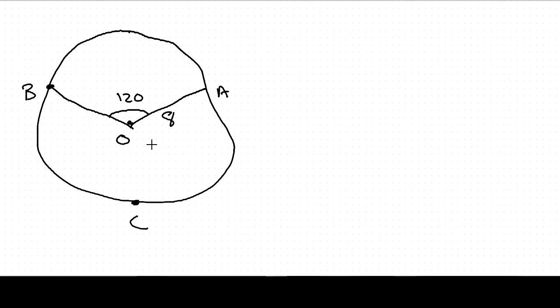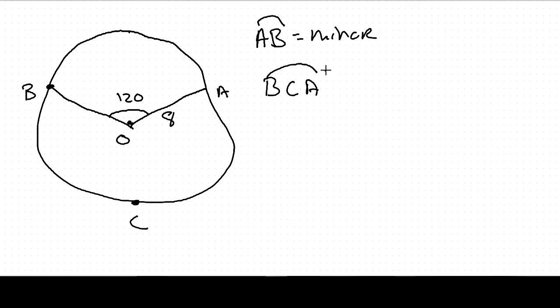You can label things in terms of major arc or minor arc. The minor arcs have a measure less than 180 degrees. The major arcs have a measure greater than 180 degrees. So if I'm going to label this circle, arc AB would be the minor, and then arc BCA. Notice that I'm putting them in order of how I get to them, right? That would be the major.